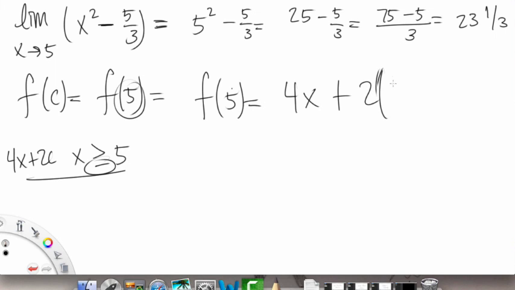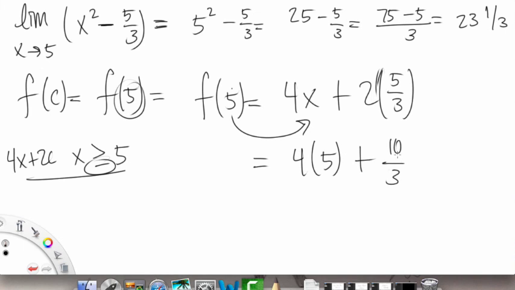But anyways, so 2 times 5 over 3, that's what we found for the c value. Okay, and we're going to plug in 5 for our x. So 4 times 5 for x plus 10 over 3. That's equal to 20 plus 10 over 3, and that is 23 and 1/3.